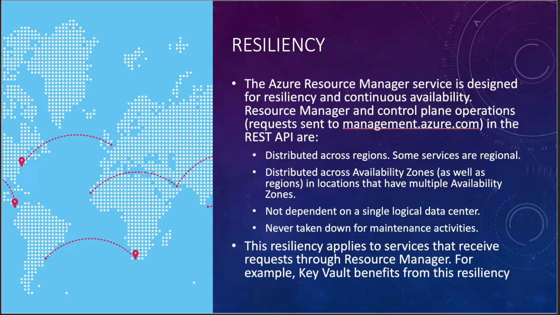The resiliency applies to services that receive requests through the Resource Manager. So you'll always have access to your crypto keys and a bunch of other really critical services along the way. So if something goes down, your company will always be operating. So that's it for the Resource Manager. You can kind of tell that it really is the keys to the kingdom. It's the one thing that you really want to make sure you have taken care of and you have absolutely covered for those accounts.